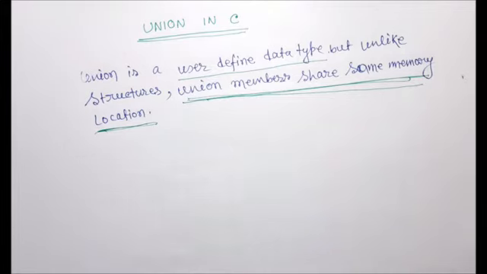Please keep in mind, they don't have different memory locations. All the members of a union share the same memory location. That is the most important difference between the union and structure.